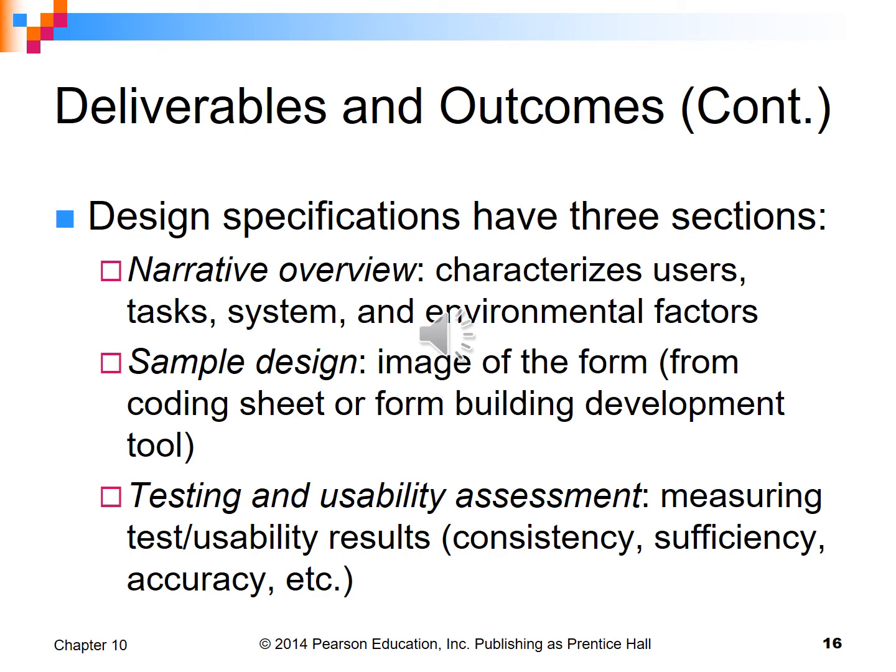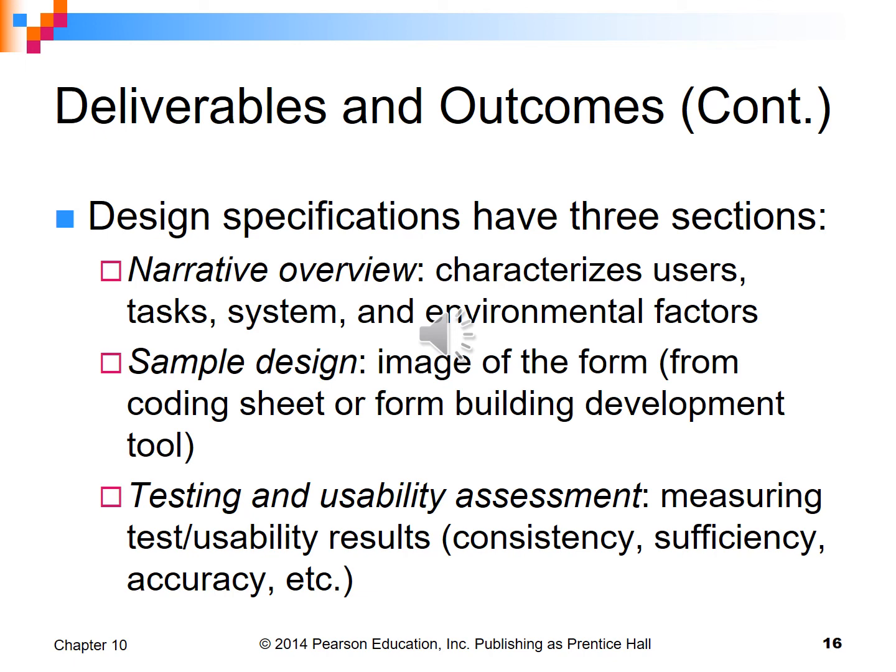Of course, another deliverable is not just that you design the report and the form. I think you have to somehow document. You have to have some documentation, like a narrative overview that characterizes the user, the task, system, and environmental factors. You have to put some wording with that document, if it is either a report or form.